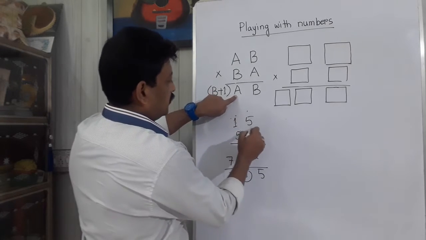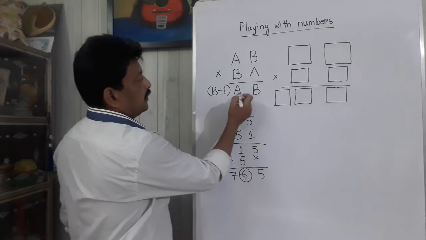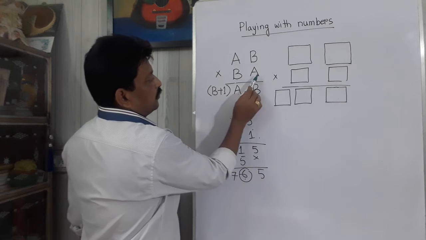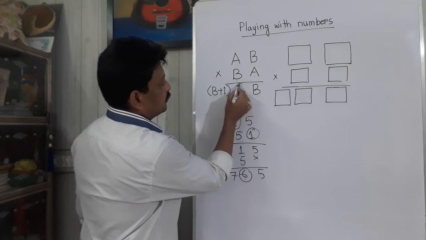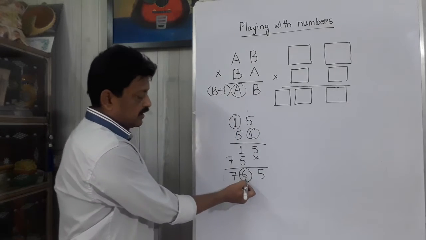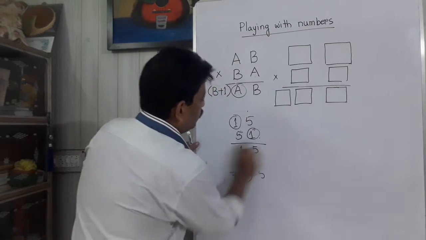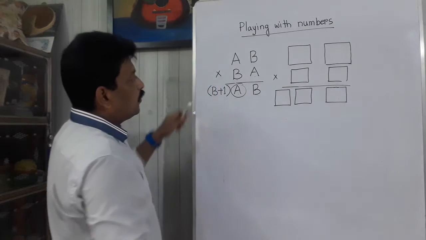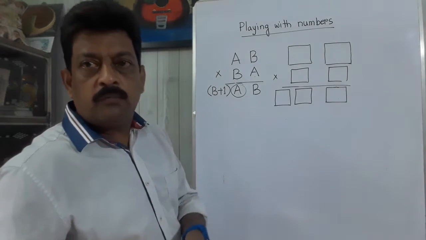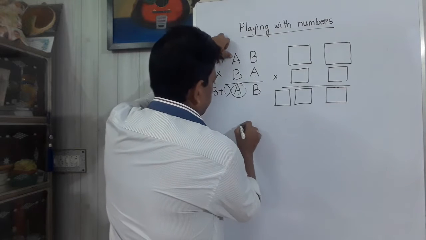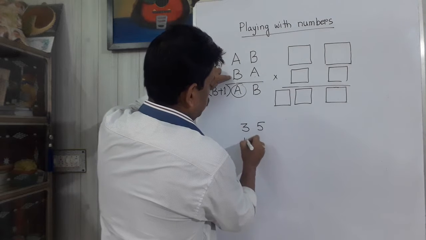See here, though all these are taken accordingly, I am not getting the same result. I have taken 1 here, so this should be 1 also here, but we are getting 6. So this is not correct. Then we have to go for the next odd number after 1. A was taken as 1, the next odd number is 3, so I am taking this as 3. 3 into 5, and this will be 5 into 3.